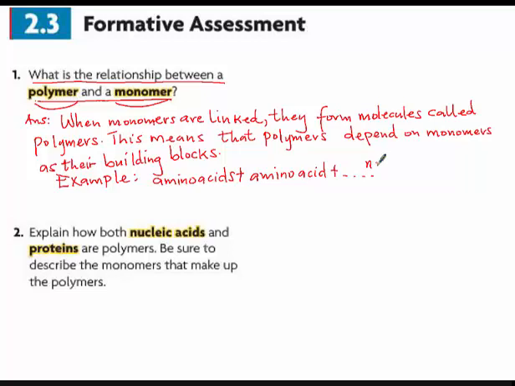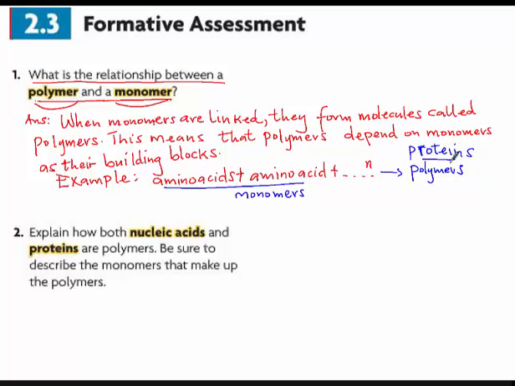These are monomers, and they are linked together to produce polymers, in this case proteins. So proteins in this case are polymers and amino acids are monomers.